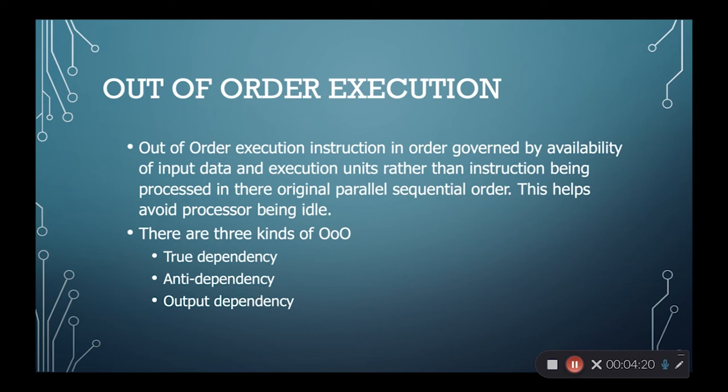And then we have anti-dependency, that is when an instruction writes a resource that a prior instruction needs to read, which is a write after read dependency. Output dependency, on the other hand, is when an instruction writes a resource without reading between them, which is a write after write dependency.